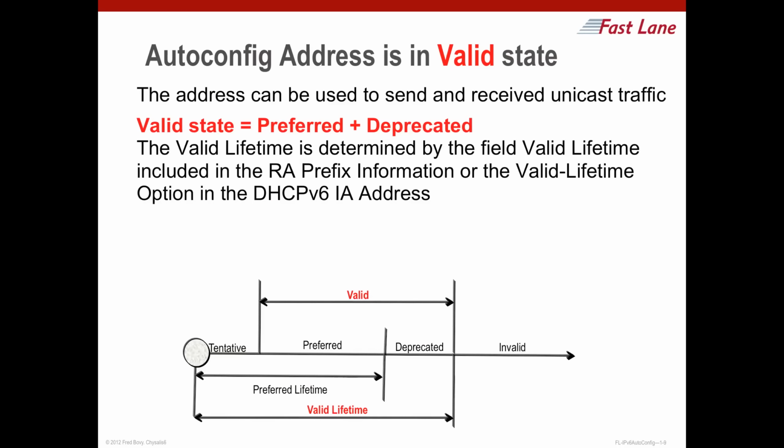Again, the valid state is the sum of the preferred and deprecated states. So both states make the address valid, which means that this address can be used as long as the valid timer is not expired, as long as the address has been refreshed by any means.